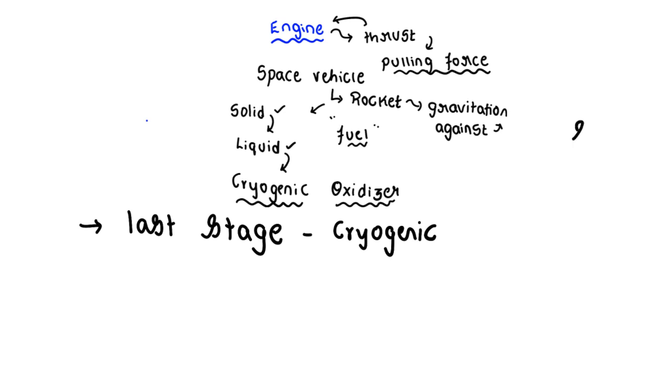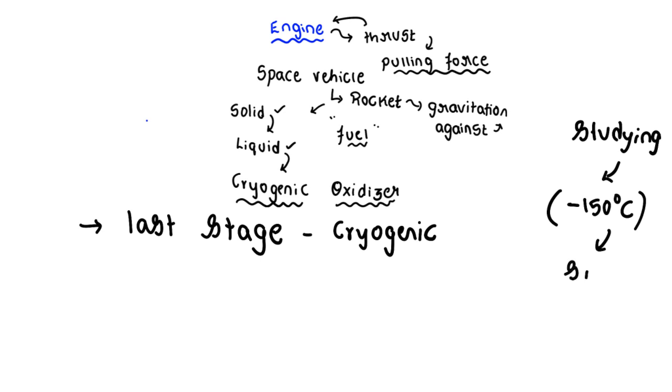So cryogenic is studying about some objects or materials at extremely low temperatures like minus 150 degrees Celsius, means the fuel has to be fueled at minus 150 degrees Celsius. Why? Because the same can survive in the space.